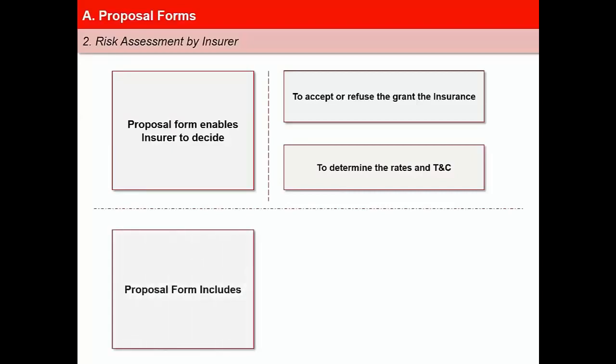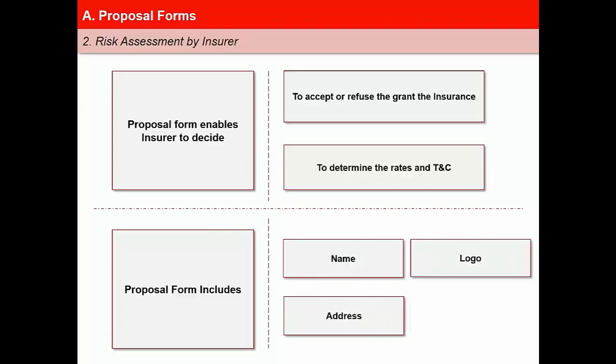Proposal form contains information which is useful for the insurance company to accept the risk offered for insurance. Proposal forms are printed by insurers, usually with the insurance company's name, logo, address, and the type of insurance that it is used for. It is customary for insurance companies to add a printed note in the proposal form.